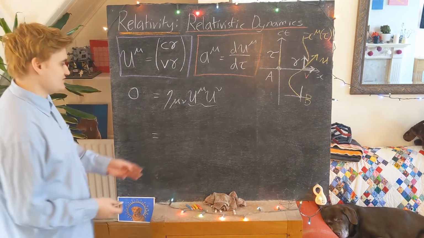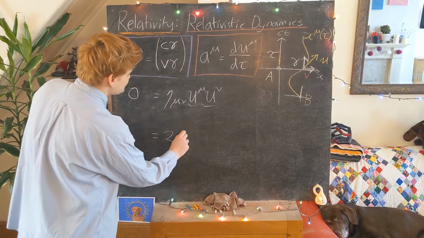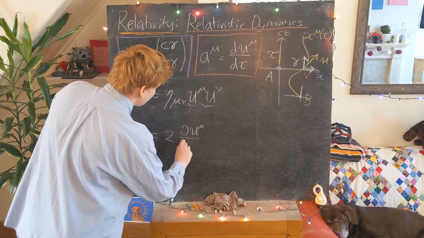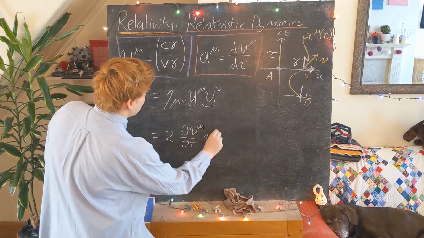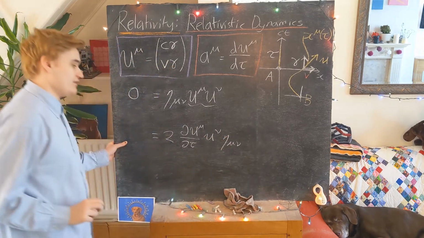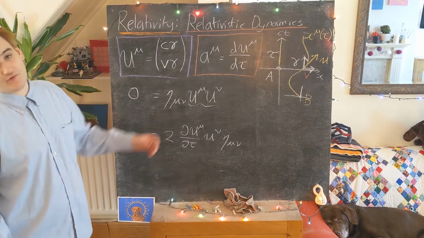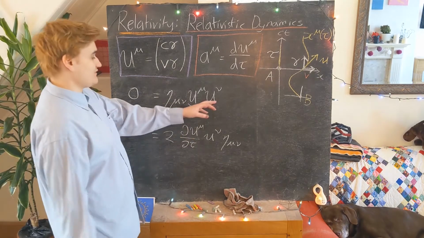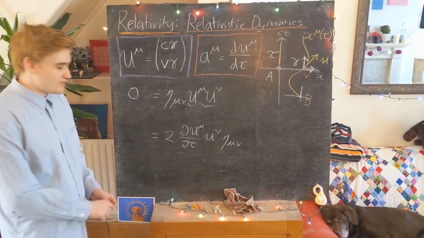Using the product rule, I'm going to get 2 times the derivative of one of these u's with respect to tau times the other u, with the metric still unaffected by the derivative. The 2 is there just because I'm using the product rule: take the derivative of this first one and then add to it the derivative of this second one. Okay, so this is now our expression.